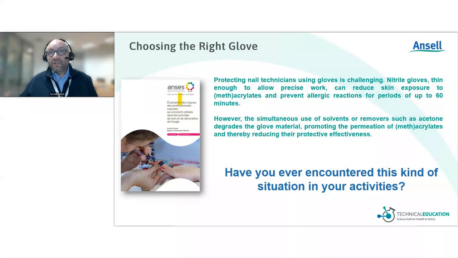However, they saw that the nail technicians are not only using methacrylate, but they are also using other chemicals. One of the other chemicals is solvent remover, such as acetone.